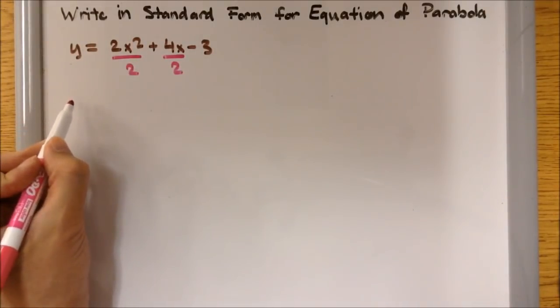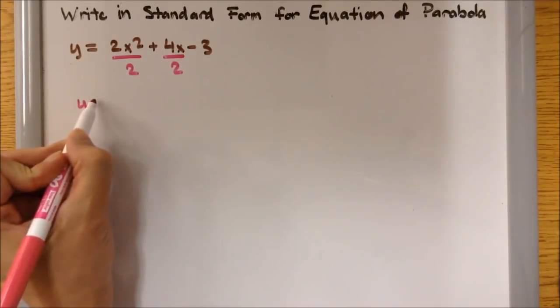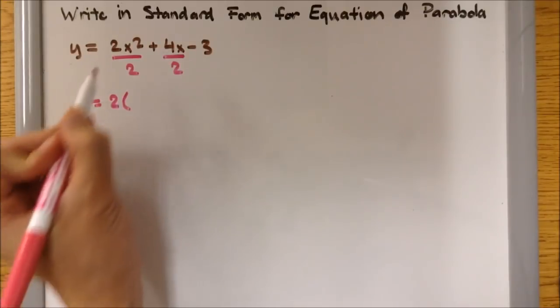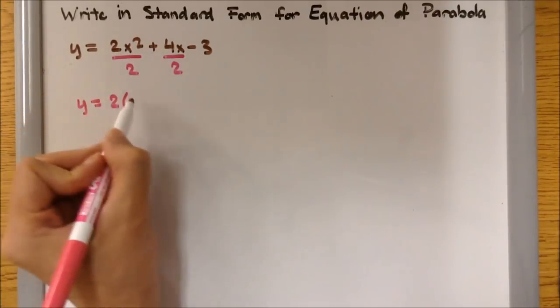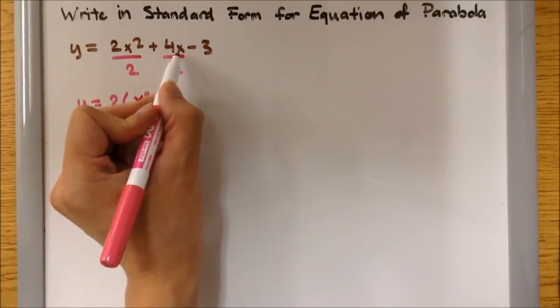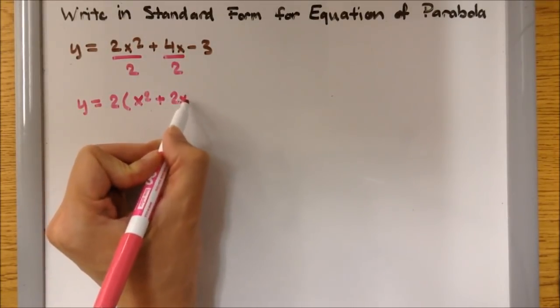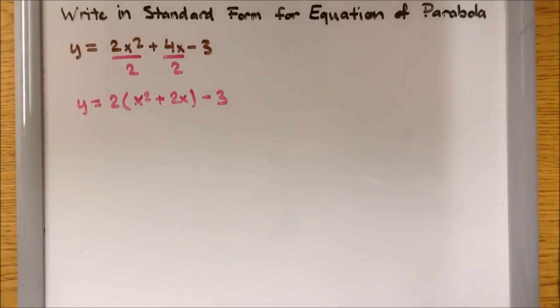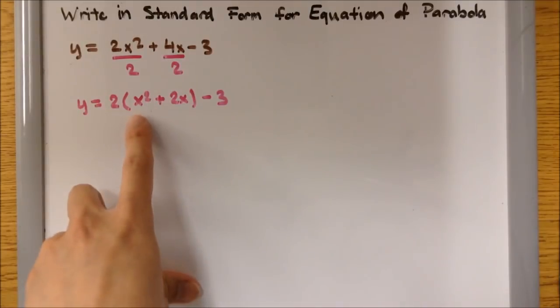So it's going to be y equals, my common factor on the outside of the parenthesis, 2, then 2x squared divided by 2 is simply x squared, and positive 4x divided by 2 is 2x, close parenthesis, minus 3. Alright, that's the beginning part of completing the square: take out the factor that's in front of the leading term.